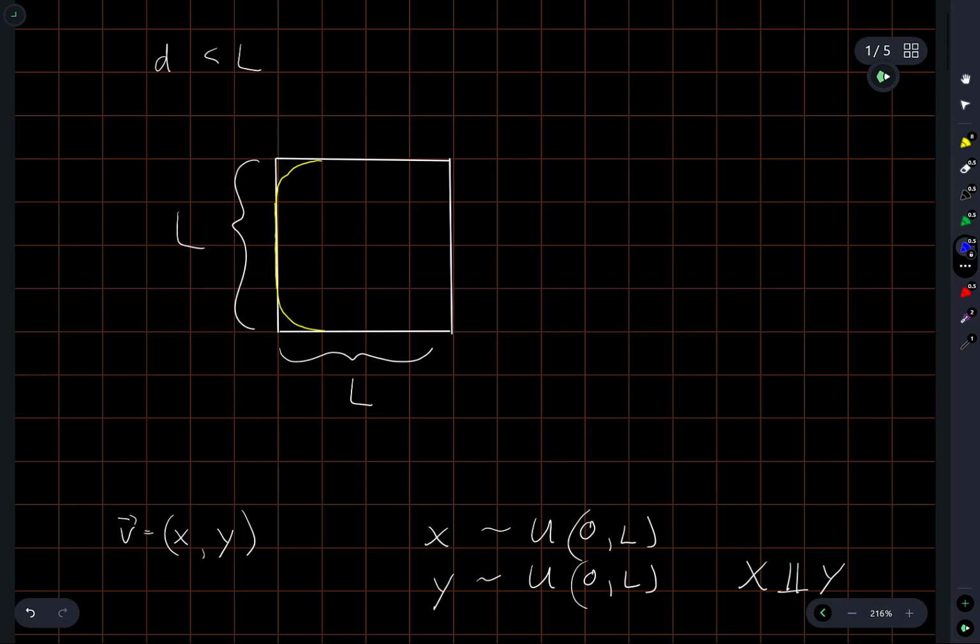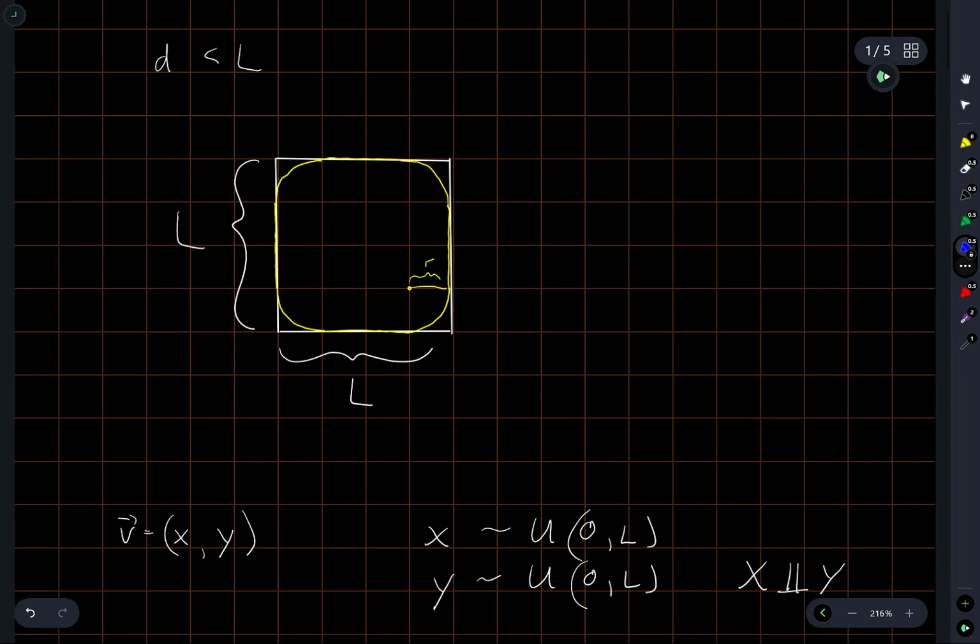Quarter circle here, straight line segment. Quarter circle here, straight line segment. Quarter circle, and a straight line segment. This is what the region would look like, if this is the radius of the circle.